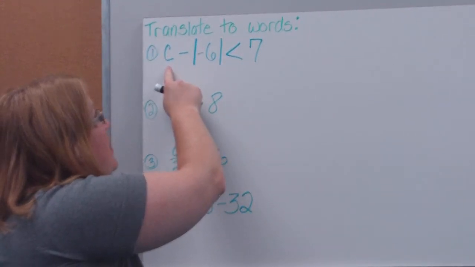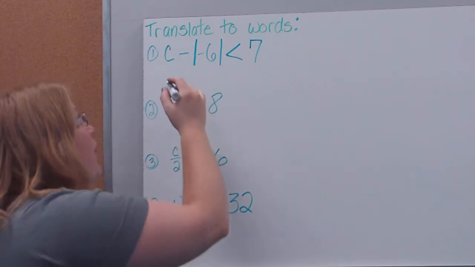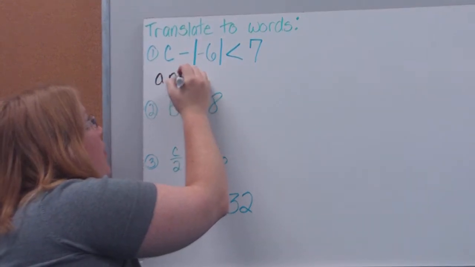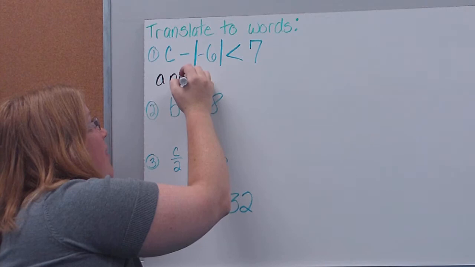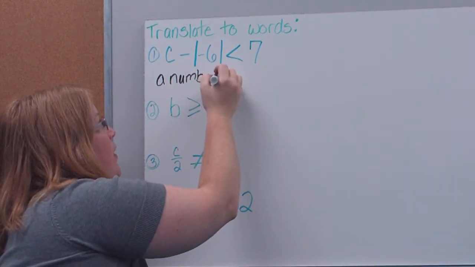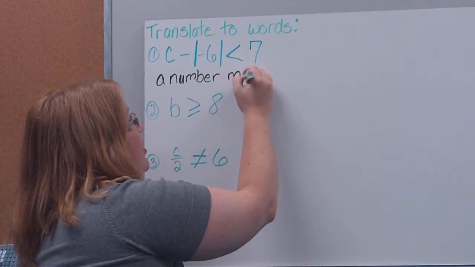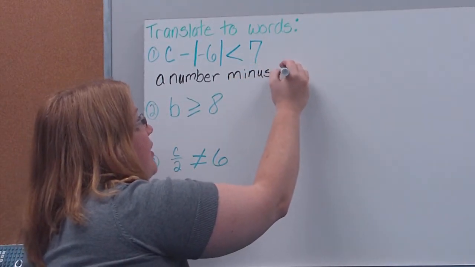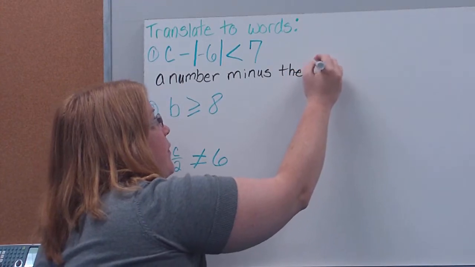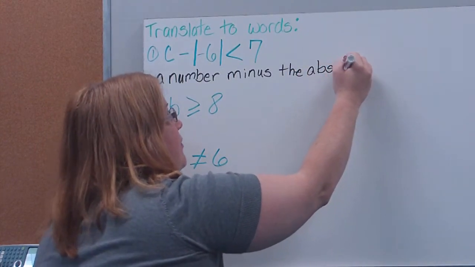So here I have C, or we could always call that a number, an unknown quantity. A number, meaning I don't know what this is, that's my variable, minus, remember this is the absolute value, so I'm just going to write it as I read it, minus the absolute value of negative 6.